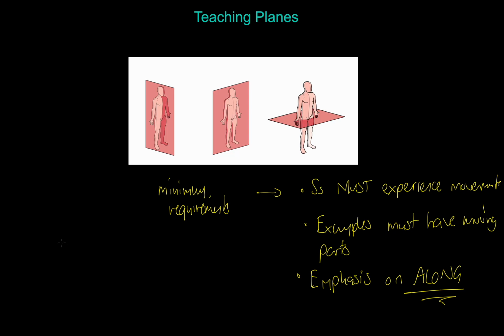What we mustn't do, so this is what not to do, this is what we want to avoid, folks, in the teaching. Don't over focus on names. It doesn't matter in the first lesson too much whether you even name this as the sagittal plane. It's not important.